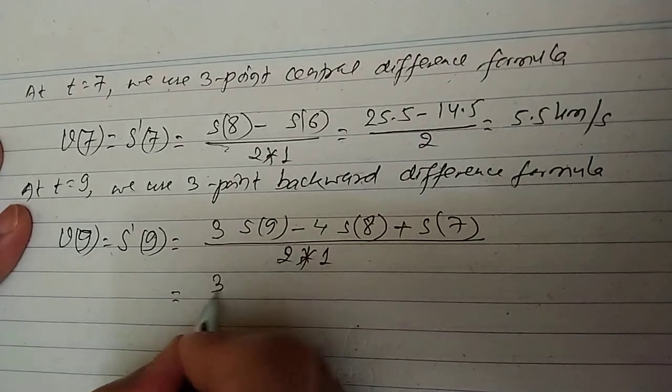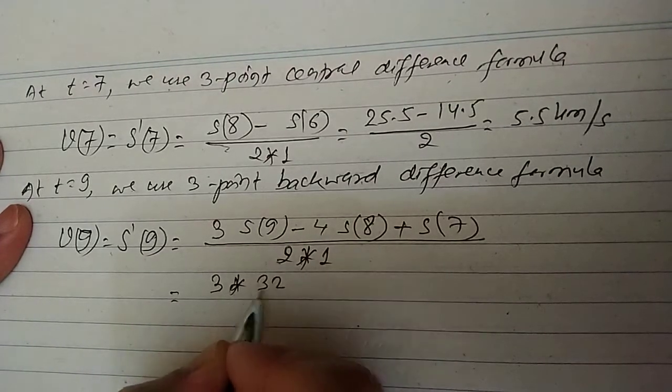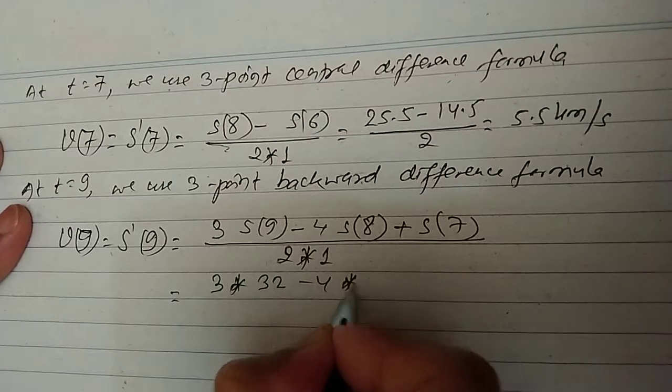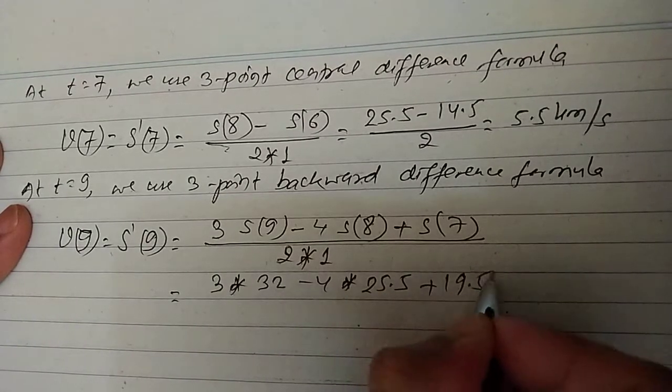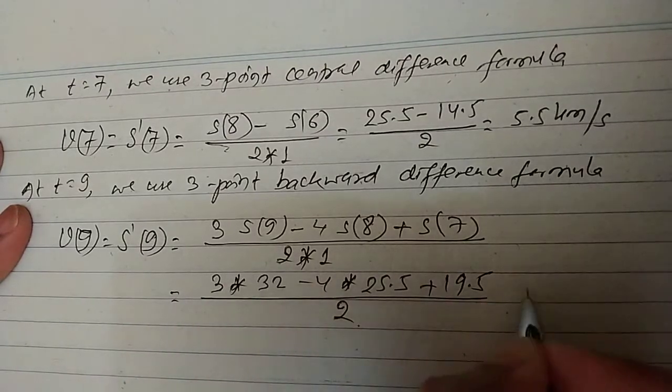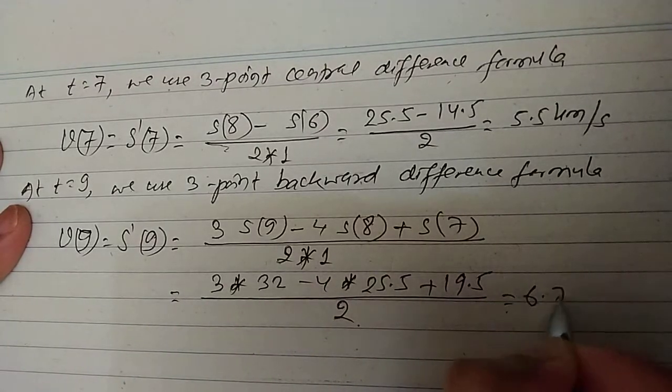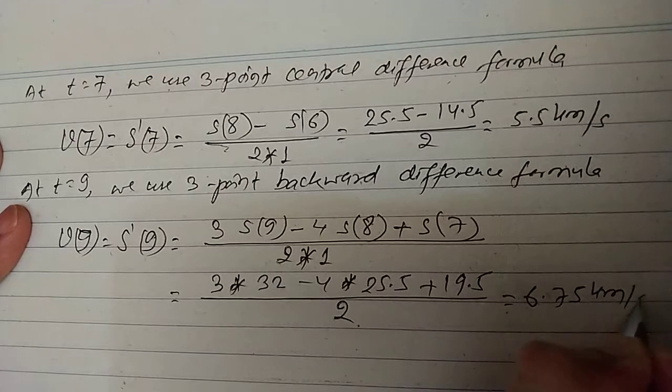You will get 3 into 32 minus 4 into 25.5 plus 19.5 whole upon 2, and that will be equals to 6.75 kilometer per second.